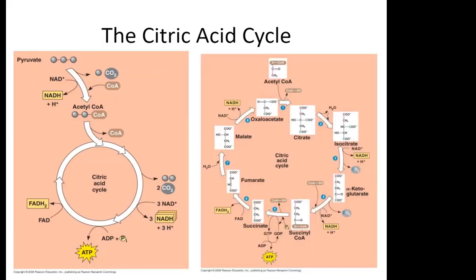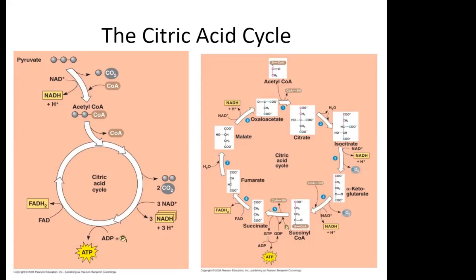Matrix. Okay. So going from citrate, isocitrate, alpha-ketoglutarate, succinyl-CoA, succinate, fumarate, malate, oxaloacetate, you don't have to know those. Okay? But you should be able to tell me something once I show you these carbon skeletons. You should be able to tell me some key events, okay?